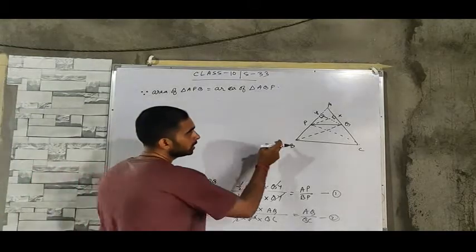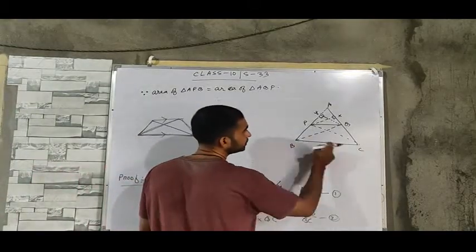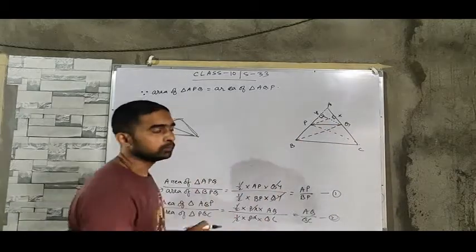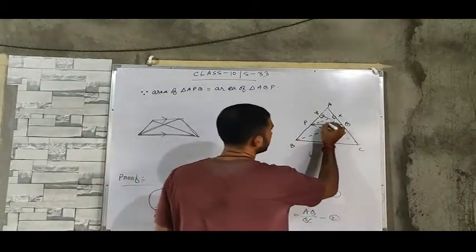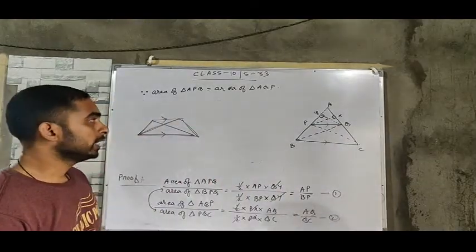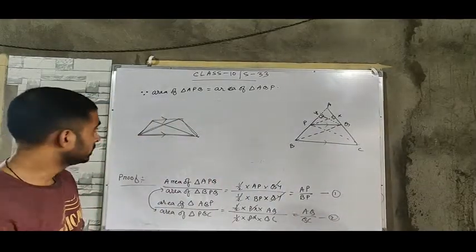Now here, triangle BPQ and triangle CQP, or PQC, both have the common base PQ, and they lie between these two parallel lines, PQ and BC. So their areas will be equal because of this theorem.